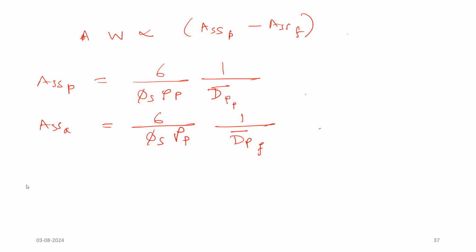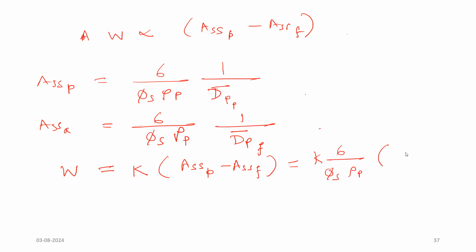So coming back to Rittinger's law, W equals K into (ASSP minus ASSF). This is nothing but K into 6 by phi s rho p into (1 by dpp minus 1 by dpf).